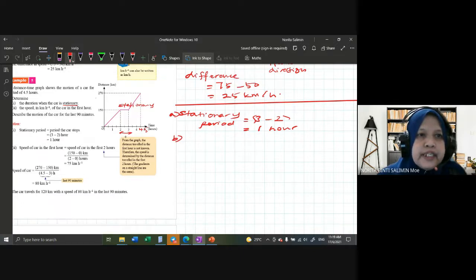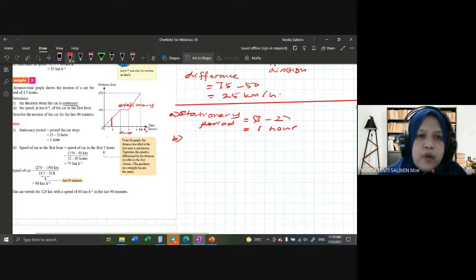Question B: the speed in kilometers per hour of the car in the first hour. The first hour is here, from here to here.